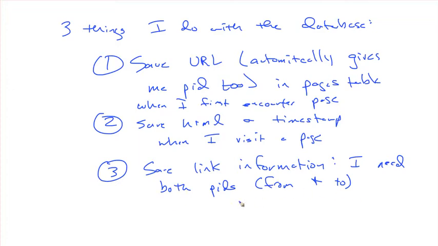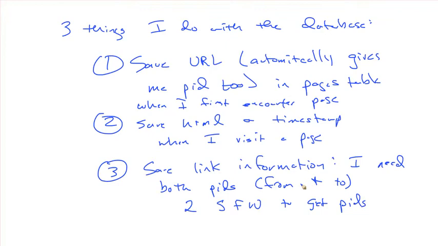But to get both PIDs, I need to do two select from where queries. And if you think about this, you can be a little clever, because the from page is going to be the same. If we're reading a web page and we get 50 different links that we're going to add to the links table, all 50 of those are going to have the same from page, and they point to 50 different pages in the to column.